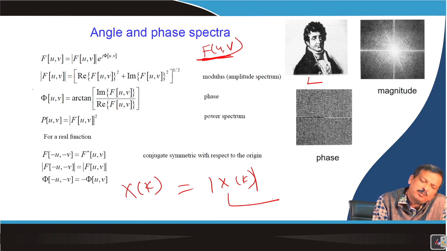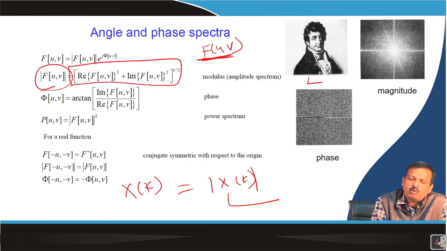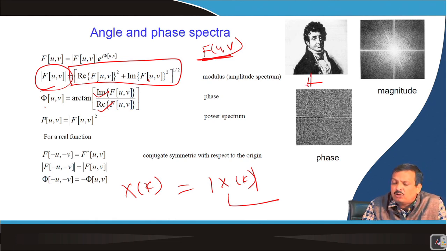Here also F of u,v has 2 parts: one is the magnitude, the square root of real square plus imaginary square, and it has a phase, imaginary by real. So, if I compute the DFT of an image and plot only the magnitude part, I will get this kind of image.